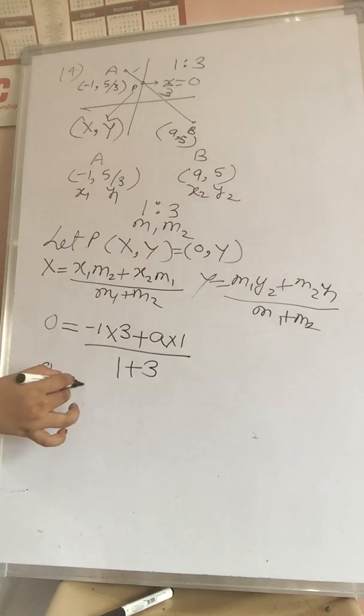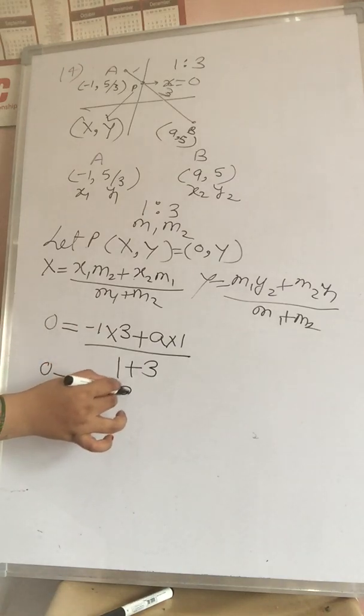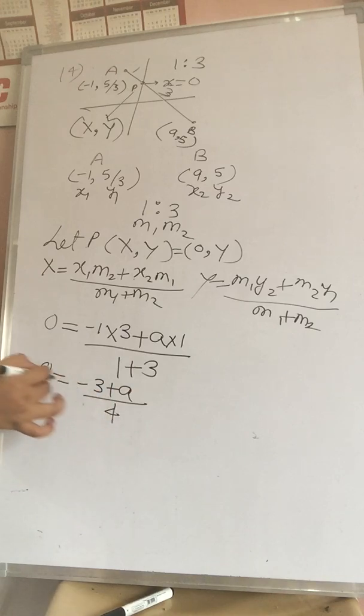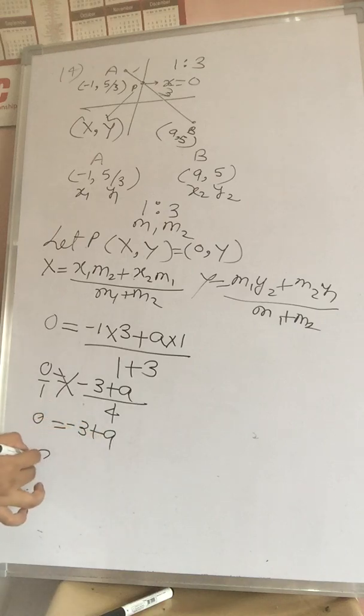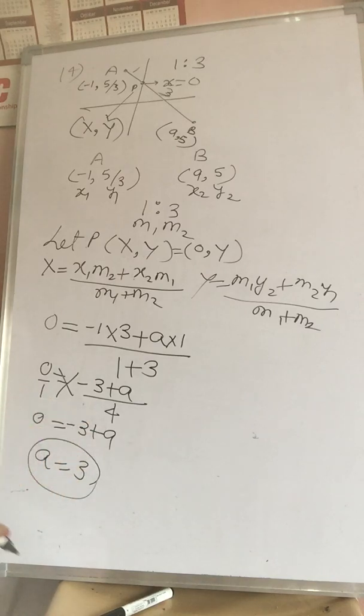So 0 is equal to (-3 plus A) upon 4. By cross multiplication, 0 is equal to -3 plus A. So A is equal to 3. This is the value of A.